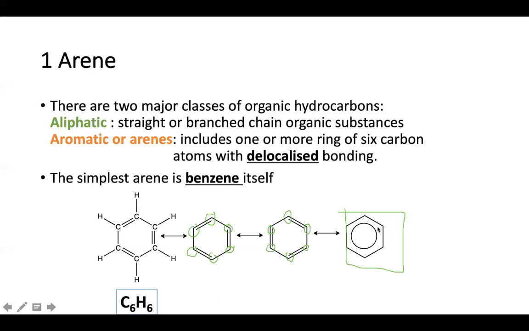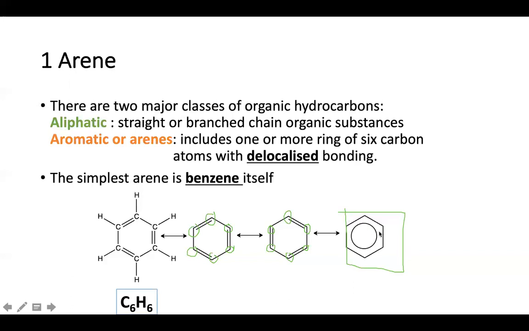Okay, so you have a 6-membered hexagonal ring, 6 corners, and then you have a circle inside. That circle tells you the pi bond or the double bond is delocalized. Delocalized means it is not fixed at one position. So actually you can't tell where the double bond is, and that's how the bonding of benzene is.